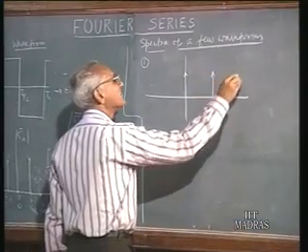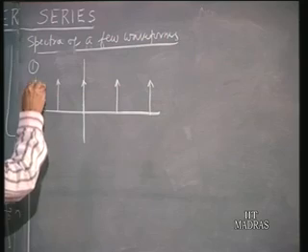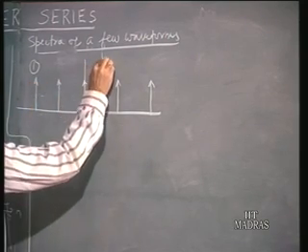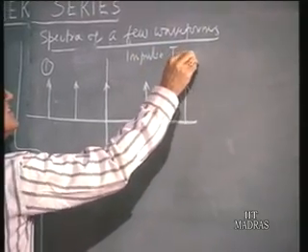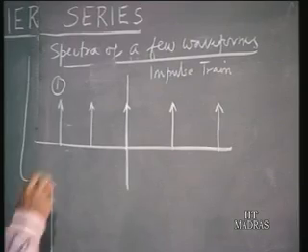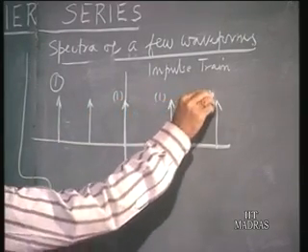Suppose the periodic function that we are talking about is one which is a periodic impulse train. So each is an impulse, a delta function of unit magnitude, unit strength.